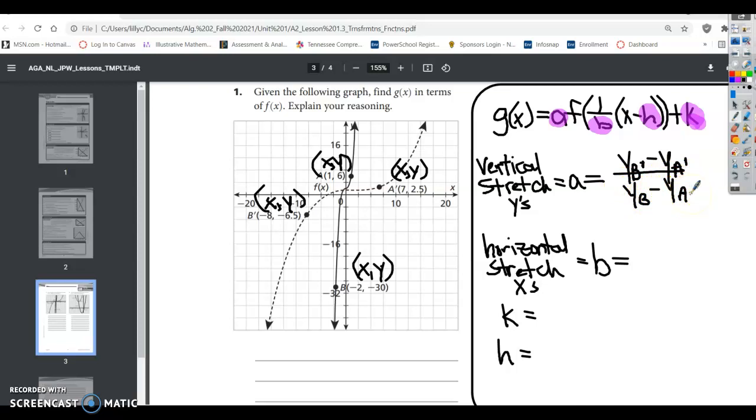Once you find those numbers, you will have the vertical stretch. Remember, your vertical axis is your y's, so that's why you're using your y's.